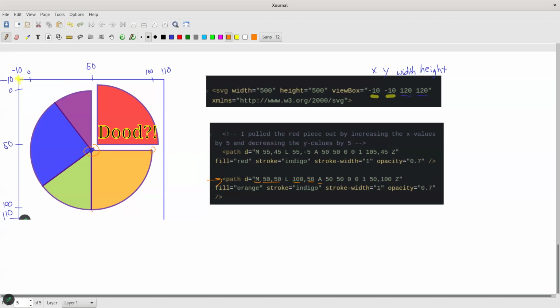So x equals 50, y equals 100 would be down here. So this is one reason I give you a grid to play around with these. And this would be the point 150 right there. And the arc in between there is based on a radius of 50 in the x direction and a radius of 50 in the y direction. So that's the x radius and the y radius. The 0 means don't rotate the whole system.